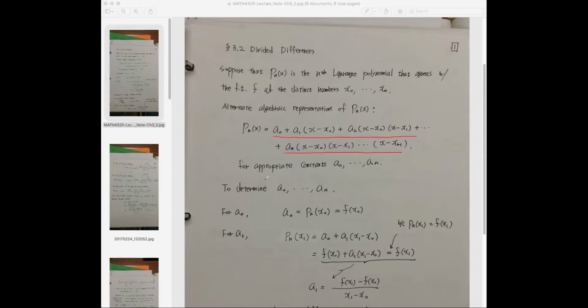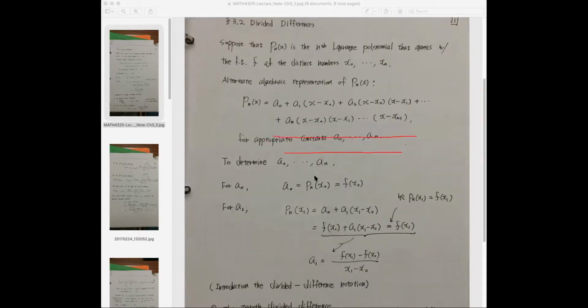So we're going to plug in x0 through xn, and then we can figure out the constants a0 through an.